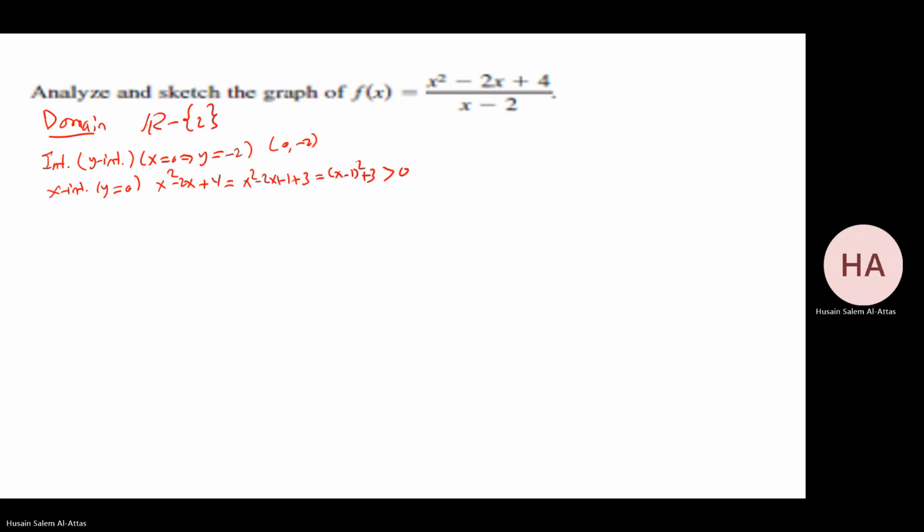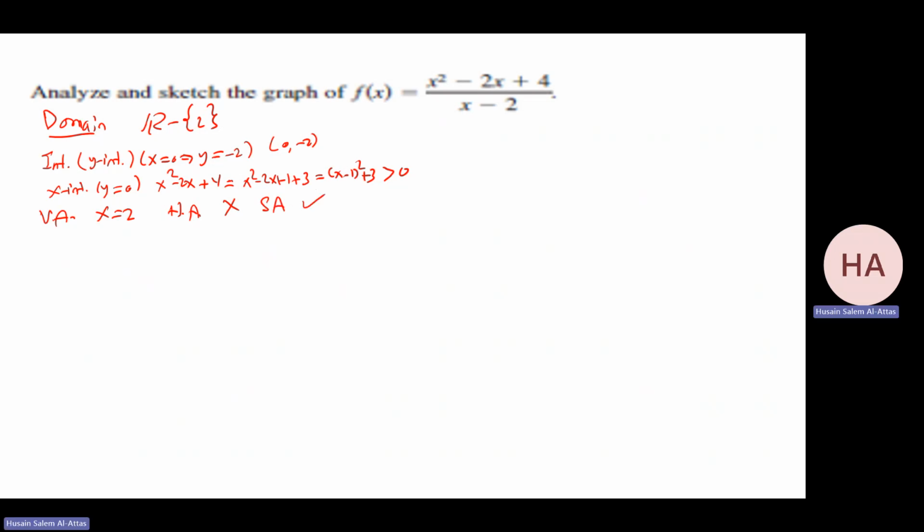Okay. Now what? Symmetry? No symmetry, because this is neither even nor odd. Asymptotes: yes, we have a vertical asymptote, x equal to 2, very clear. Horizontal asymptote? No, but we have a slant asymptote.